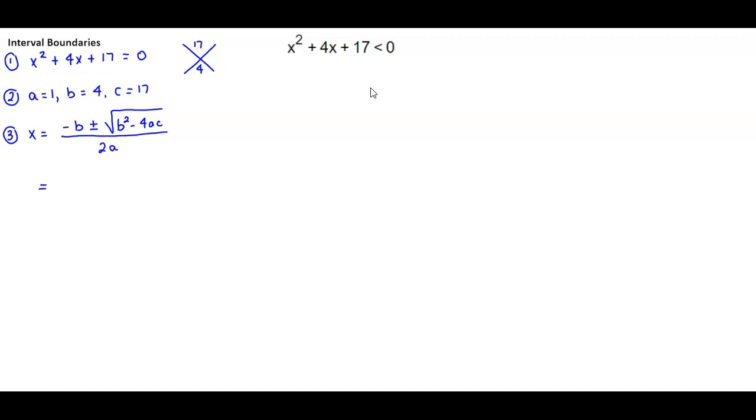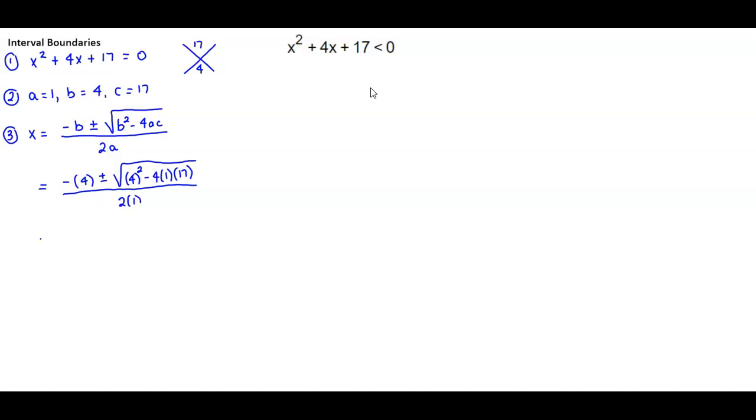Plugging that in, we have negative 4 plus or minus the square root of 4 squared minus 4 times 1 times 17, over 2 times 1.